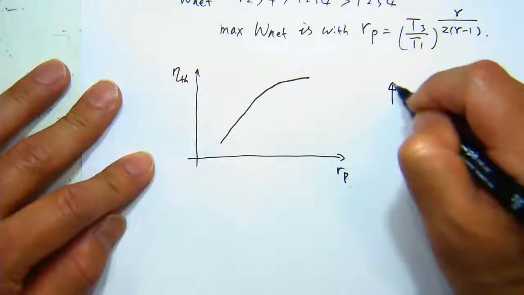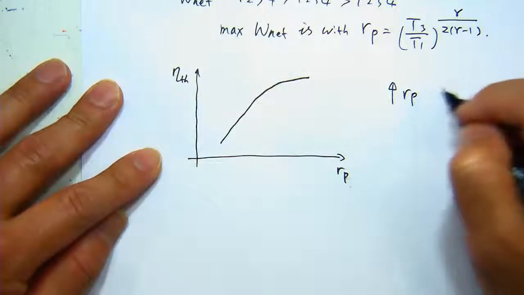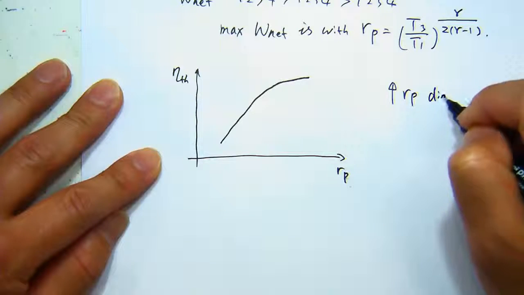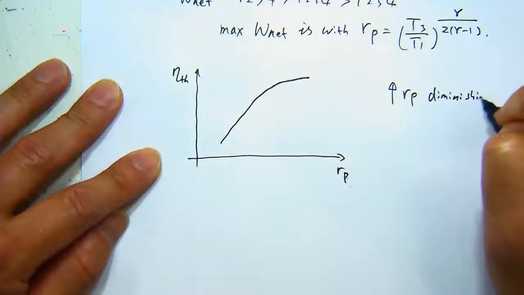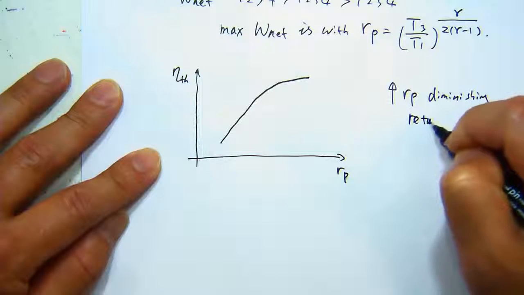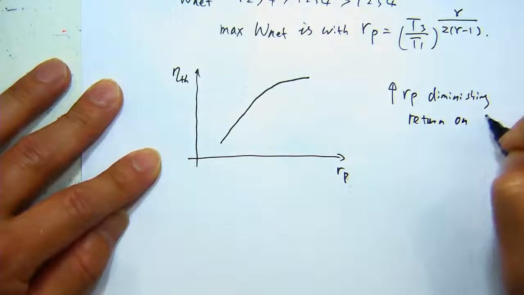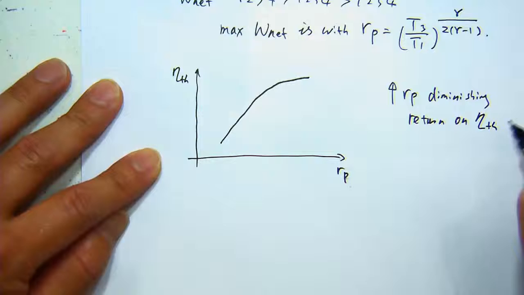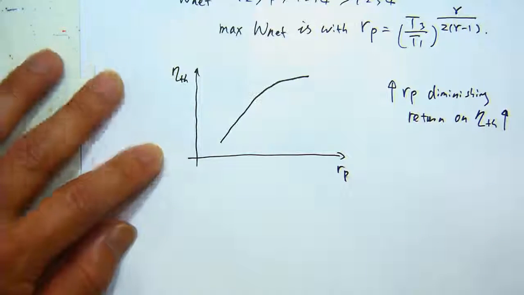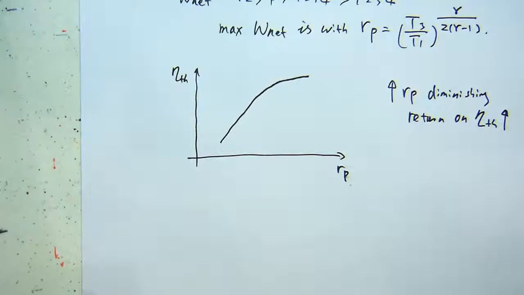So increasing pressure gives diminishing return on the efficiency increase. All right, but nonetheless, going to a higher pressure ratio is a direction that can give us a higher efficiency. That's something we want to be aware of.